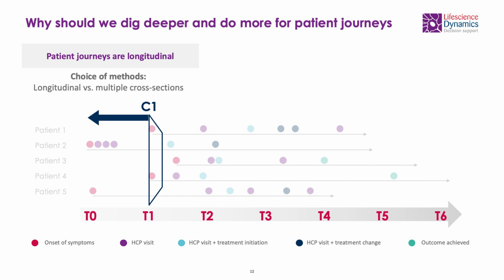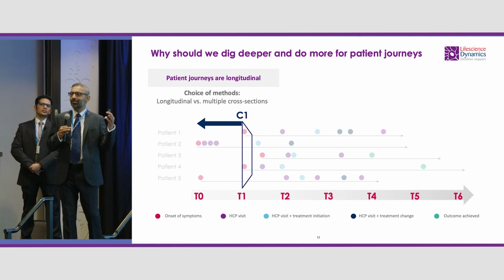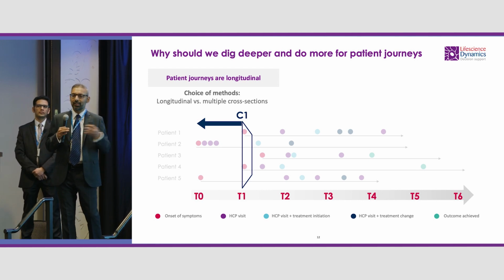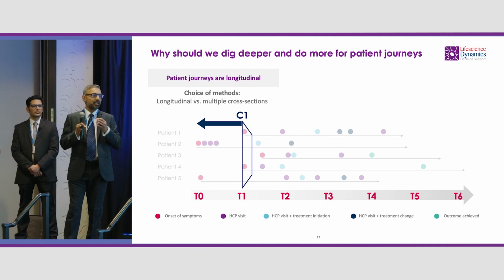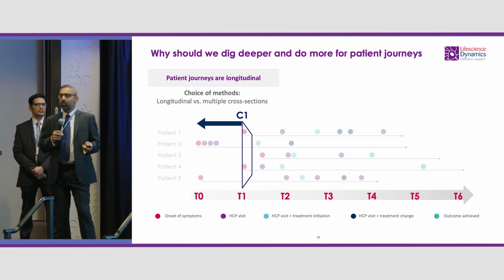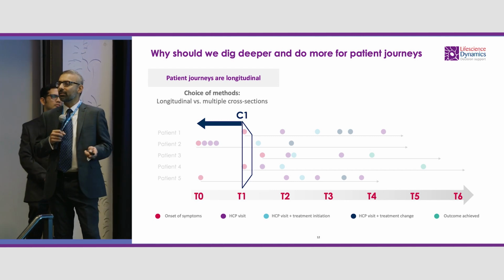And with profiling of different patient types, we can arrive at, say, a patient who's 2 years into the journey may look like this, or a patient who's 3 years into the journey may look like this. So that's one way of doing a patient journey, a single cross section.